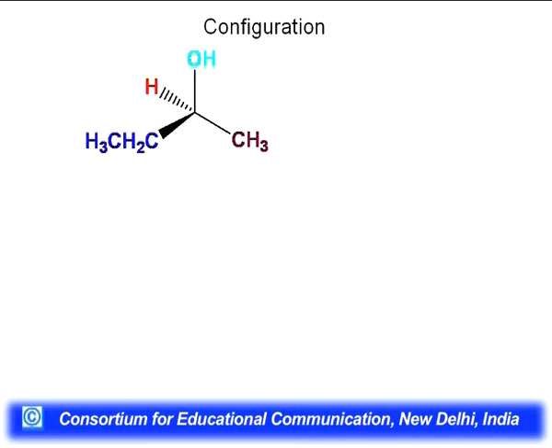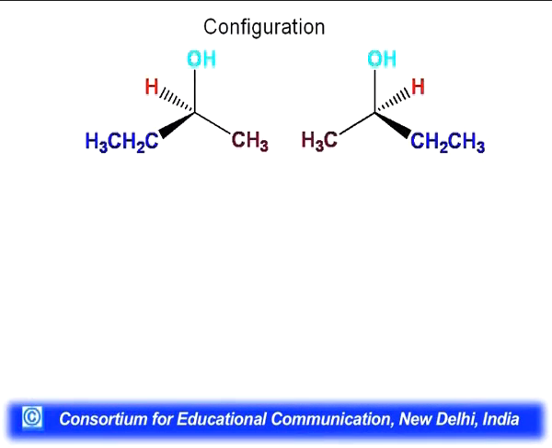In this case all 4 groups are different, and I have drawn one particular isomer of this chiral molecule. This molecule is chiral and optically active; one isomer shows dextrorotatory and the other shows levorotatory optical rotation. What I have drawn on the slide is one of the possible isomers.